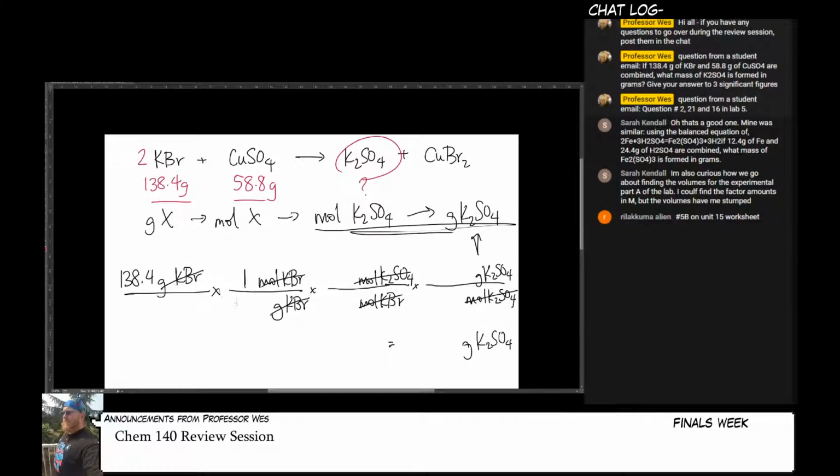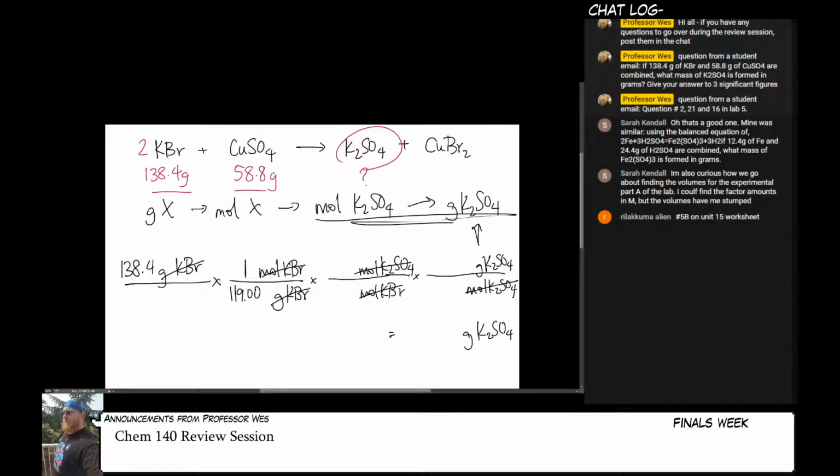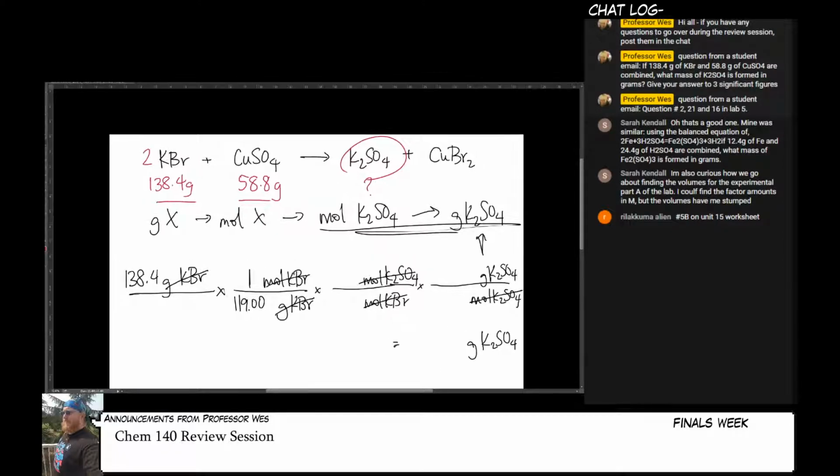So 1 mole of KBr, 119.00. And then I want K2SO4, which is 174.26. Oh, that's what's going on there. Okay, so 174.26.